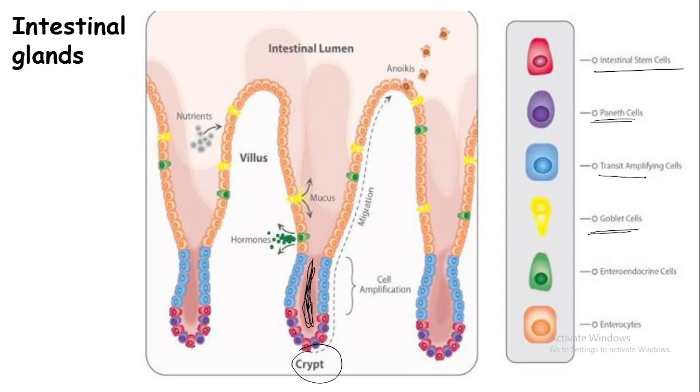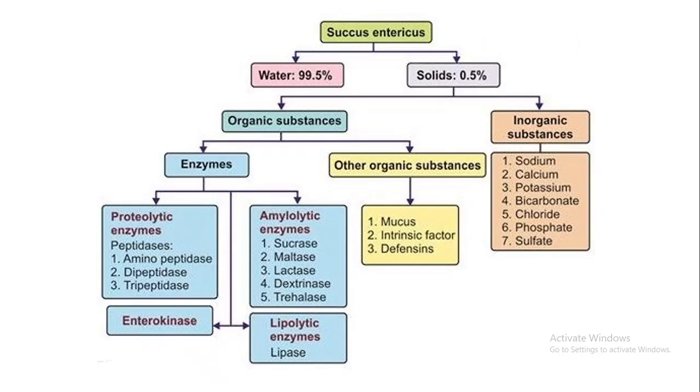Then we have transit amplifying cells. Then we have enteroendocrine cells, the green ones. Enterocytes are nothing but the intestinal epithelial cells. The intestinal juice has a proper name, called succus entericus.